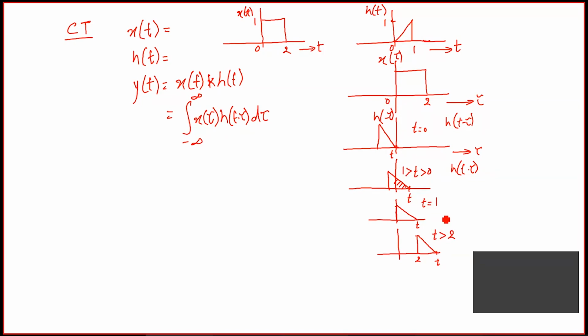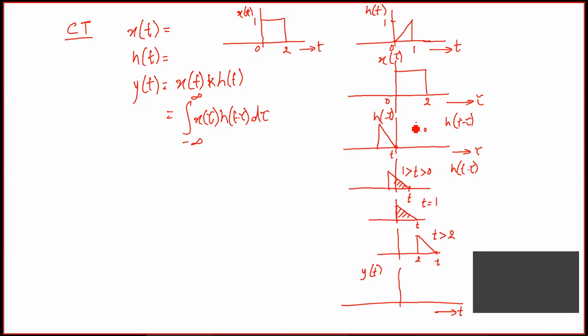And if t is greater than 2, it will be something like this, so this is the overlap portion, and here there is no overlap. Then accordingly we can come up with a value for your output. If we want to plot your y of t, y of t is basically the product of x of tau and h of t minus tau.